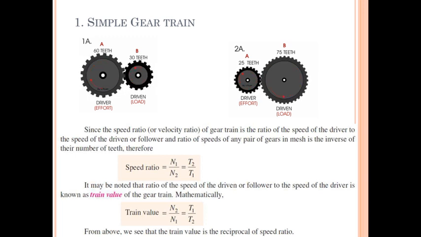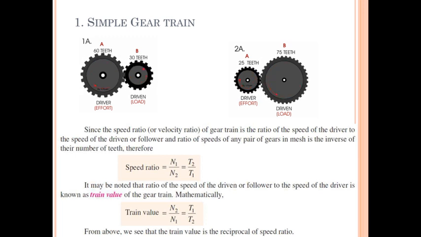Now, in the first animation, we are observing that A and B gears are separate gears mounted on two different shafts. The first gear is rotating clockwise, and gear B is rotating anti-clockwise, in the opposite direction of the first gear.